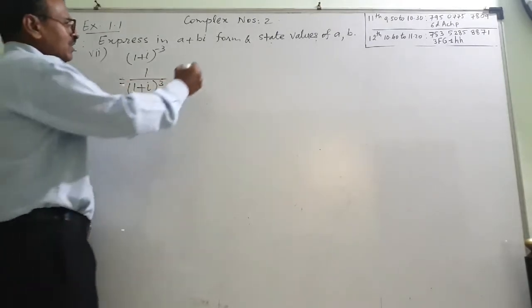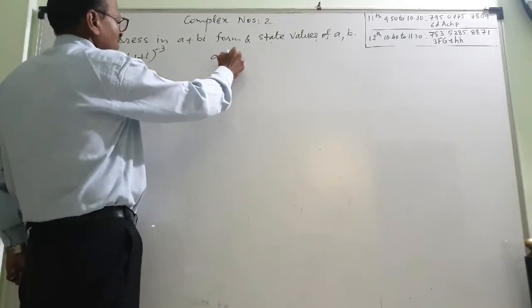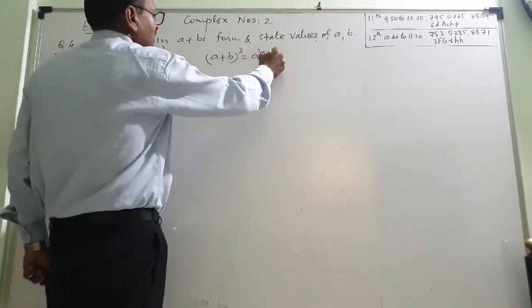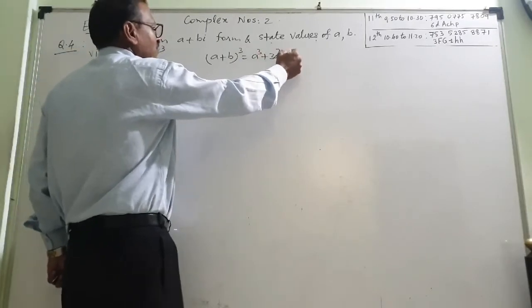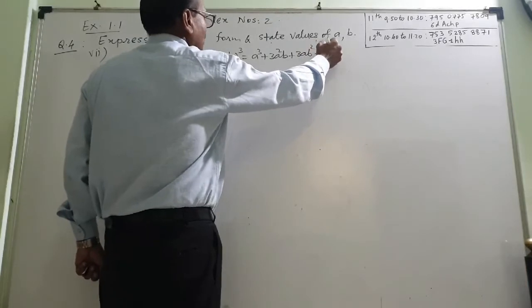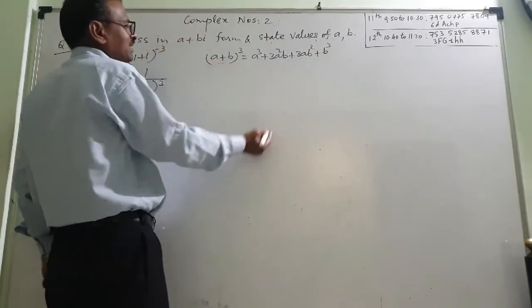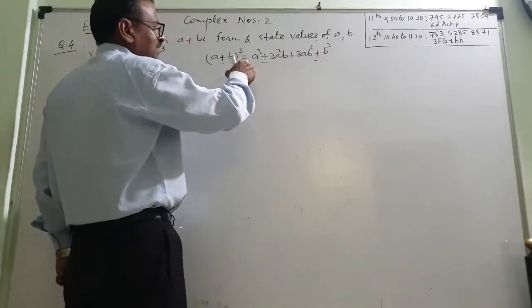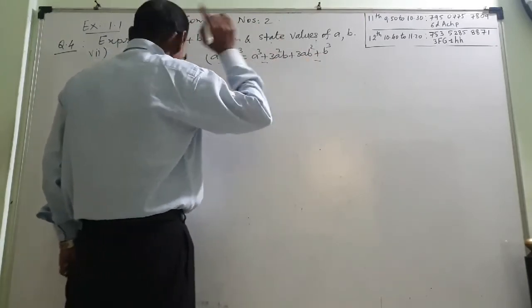That is equal. Now you might have forgotten the formula, a plus b bracket cube: a cube plus 3a square b plus 3ab square plus b cube. And if suppose it is minus, then this minus, this plus, this minus, alternate sign, plus, minus, plus, minus.